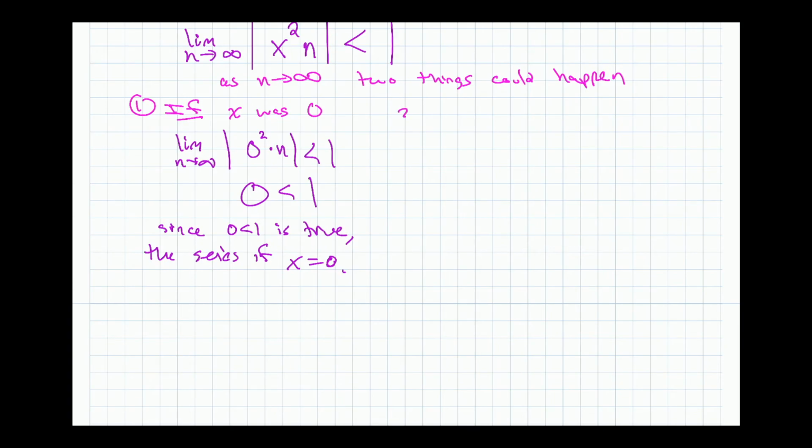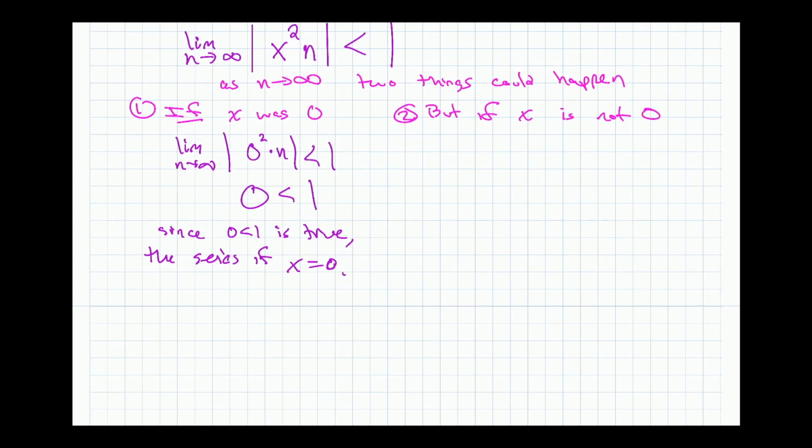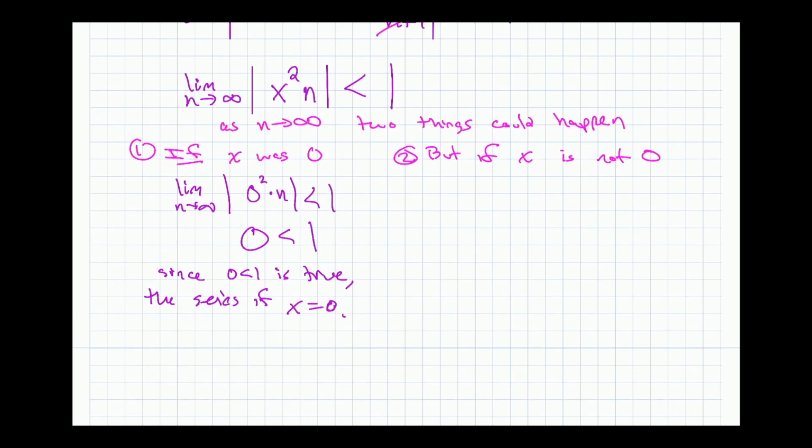But if x is not 0, and then you're going to try to do the limit of this as n goes to infinity, you're going to get infinity times x squared, right?